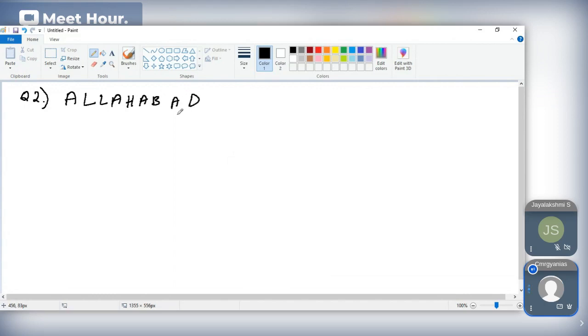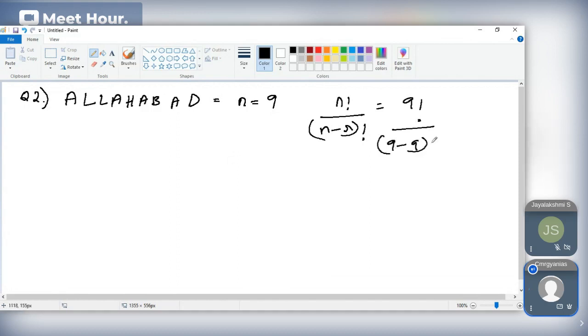Allahabad has totally 9 letters, so n is equal to 9. If you do like previously, n factorial divided by (n minus r) factorial, this will come 9 factorial divided by (9 minus 9) factorial. So the answer will be 9 factorial.